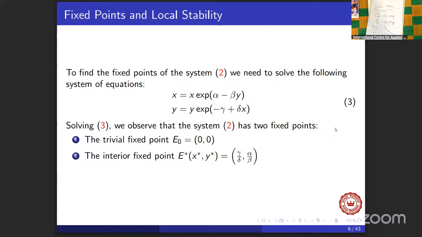Replace x n plus 1 and x n as x, y n plus 1 and y n as y, and we get the system in equation 3. From 3, we solve and we get two equilibrium points, E0 (0, 0) and an interior point.